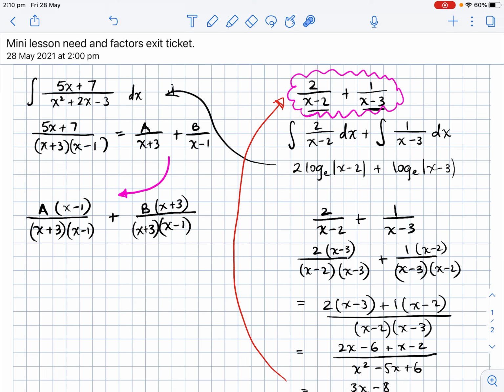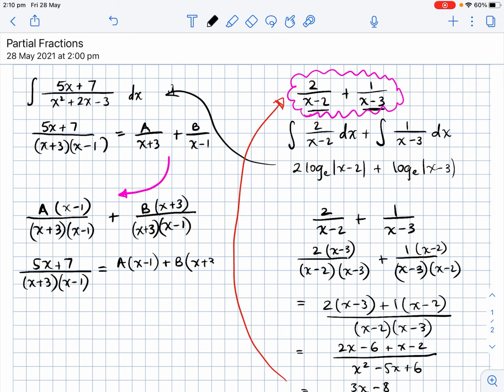So these two expressions have to be equivalent. This must be equivalent to this, and it must be equivalent to this. All right, let's put all of that together. We can say that 5x plus 7 divided by x plus 3, x minus 1 must be equivalent to a times x minus 1 plus b times x plus 3, all divided by x plus 3, x minus 1.